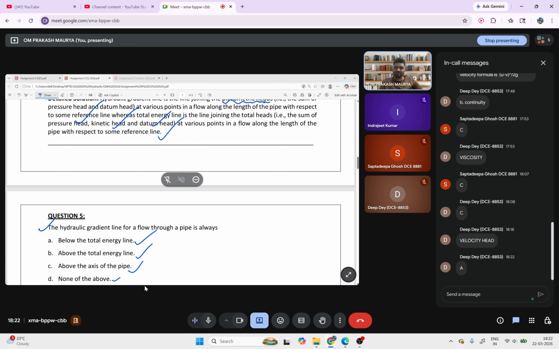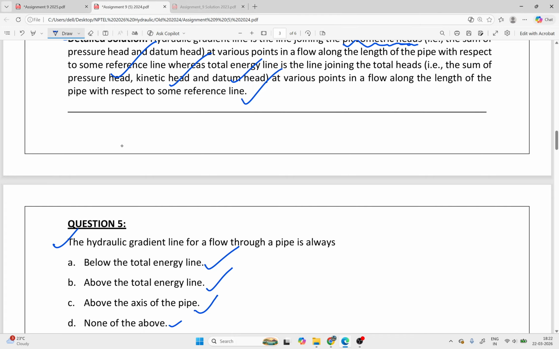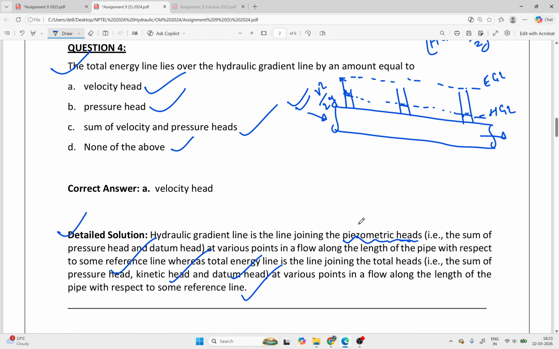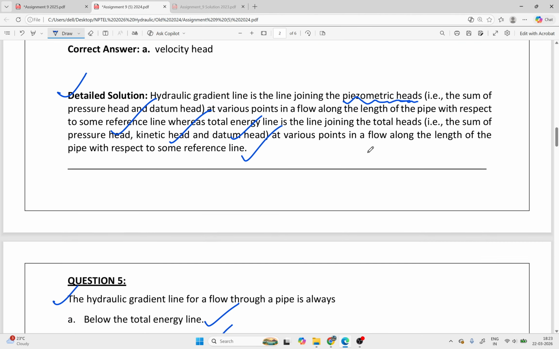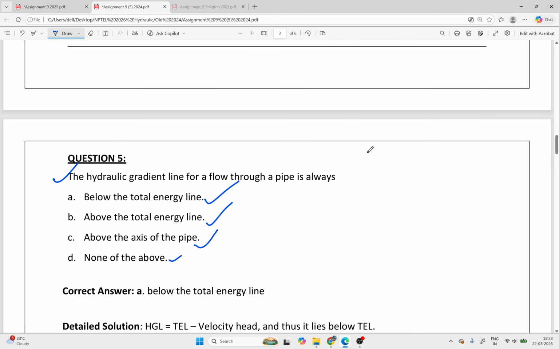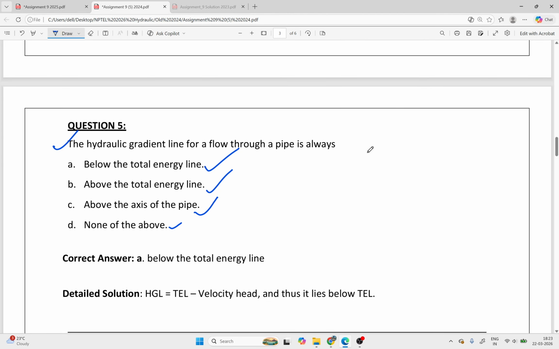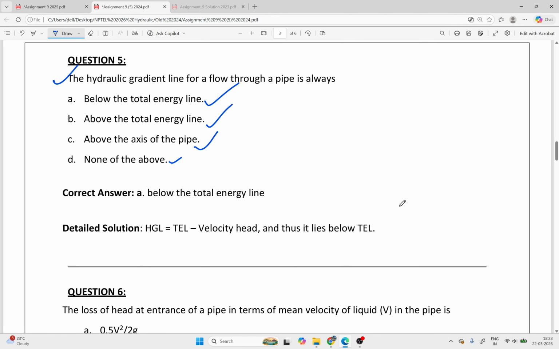As we have discussed in the previous question, I will not waste time here. As you can see very clearly, this is below the energy gradient line, as I have already explained. So now let us move on to the next one, question number 6.